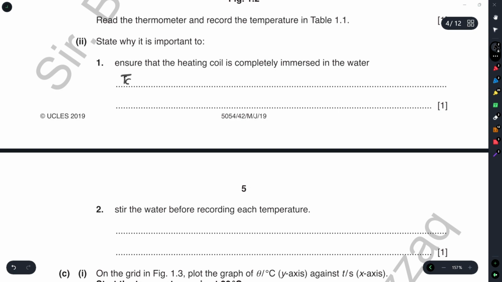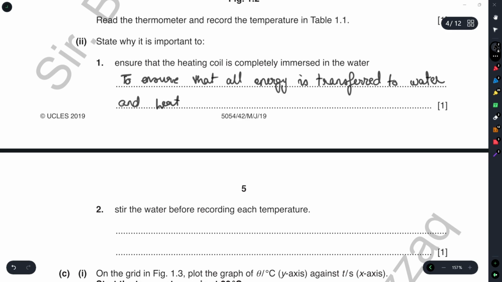So to ensure that all energy is transferred to water and to prevent heat loss. Okay, we have to prevent heat loss.